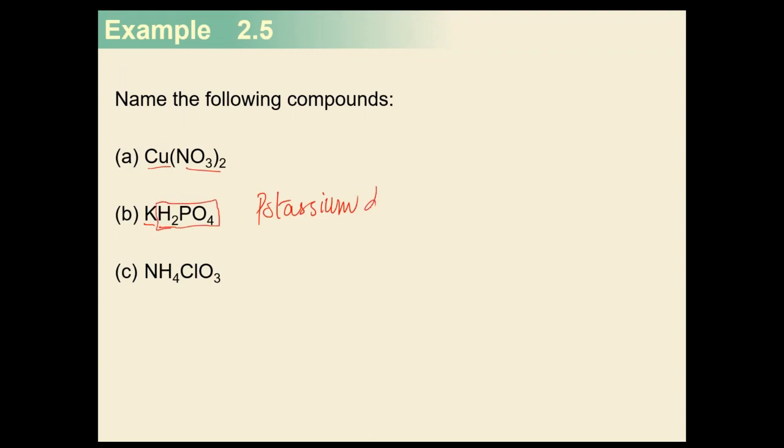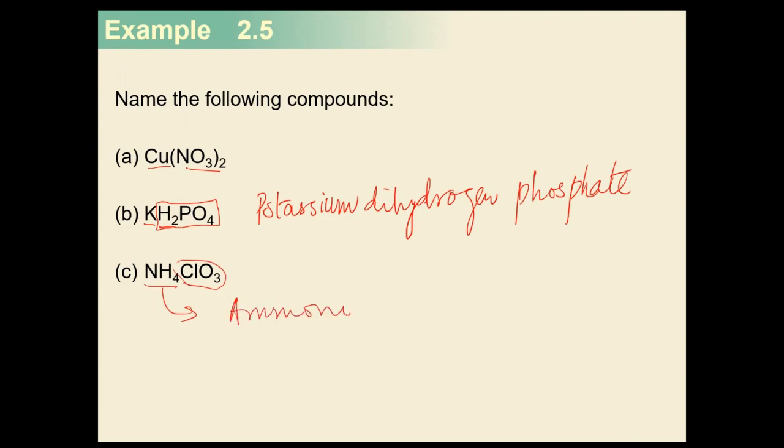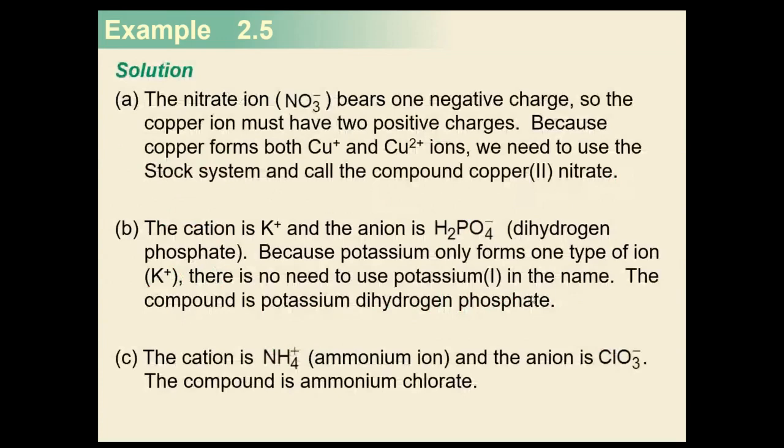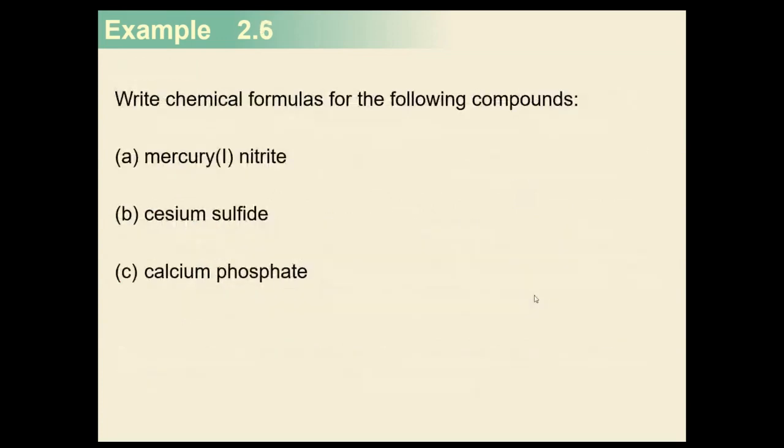Its complete name is potassium dihydrogen phosphate. It is written in your book, so don't worry. Next is ammonium; ClO3 is chlorate, so ammonium chlorate. You can find all the answers here.